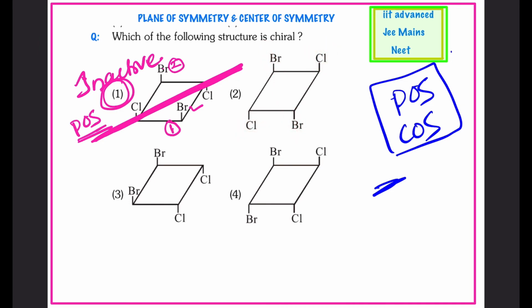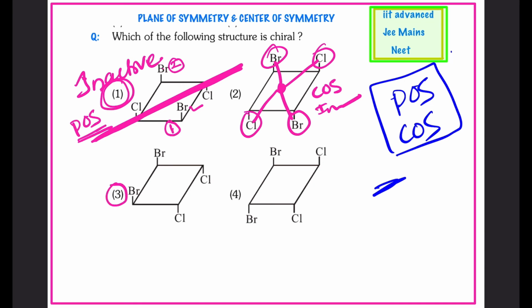But if I start from here and go towards this bromine, and I come in the opposite direction to the same bromine, I'll end up with the same groups on both sides. So these groups are equivalent. This shows the presence of center of symmetry. Even if you go here and come here, you get the same groups on both sides. So option 2 has a center of symmetry, due to which it is also inactive.